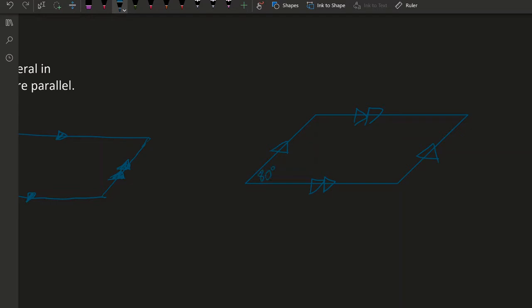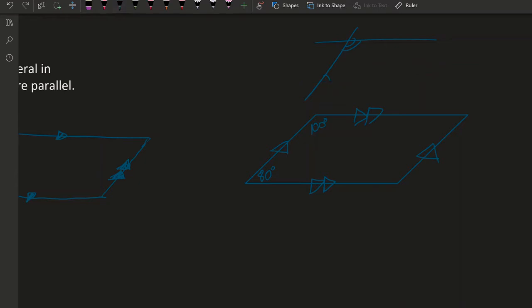Looking at the top and bottom lines, and the left side as a transversal, I see that these are consecutive interior angles. And we learned previously that consecutive interior angles are supplementary. So if this bottom left angle is 80, the upper left angle would have to be 100.